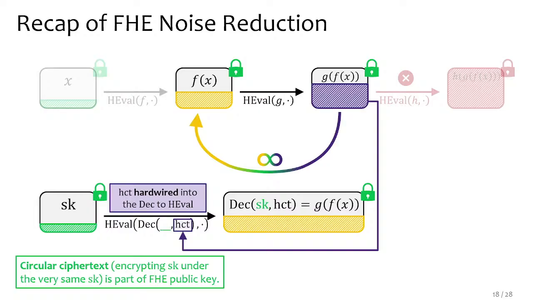But the noise in this evaluation will only be related to the complexity of the decryption algorithm, which is a fixed value. Therefore, under appropriate parameters, it will be in the moderate range. Therefore, we have gone from large noise to moderate noise, and then we can do this evaluation again and again. So let's try applying this idea to the AB encoding and see what happens.